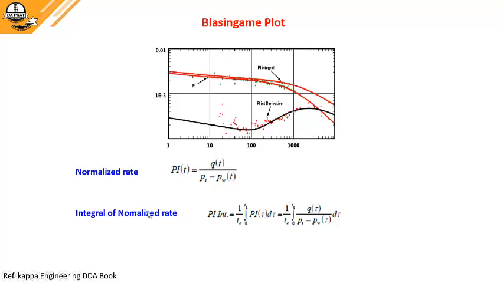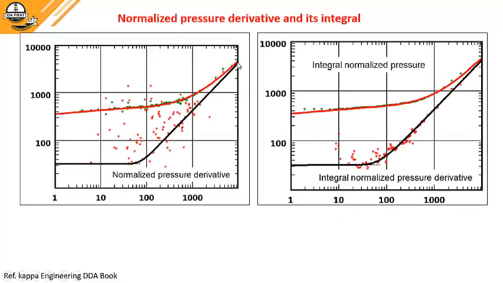And the integral of the normalized rate, that is here, and finally the integral of the normalized rate derivative, which is this one here. So the normalized pressure derivative, its integral is shown here.